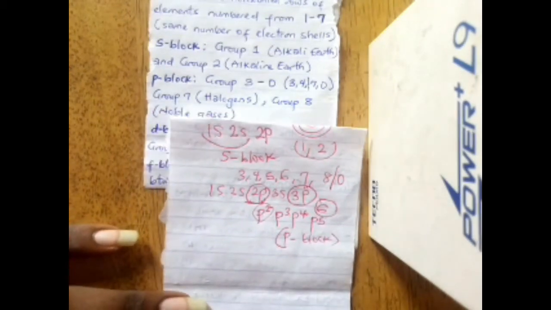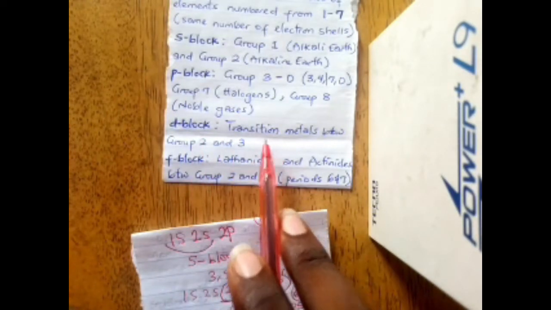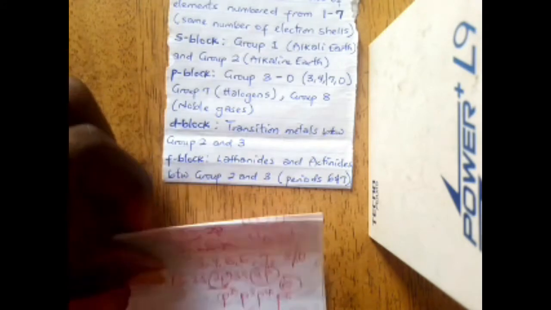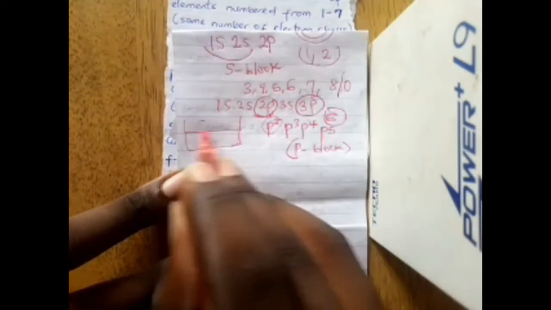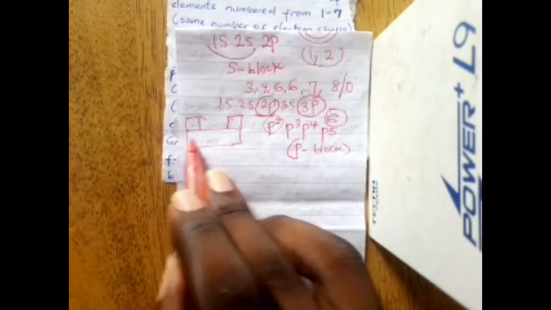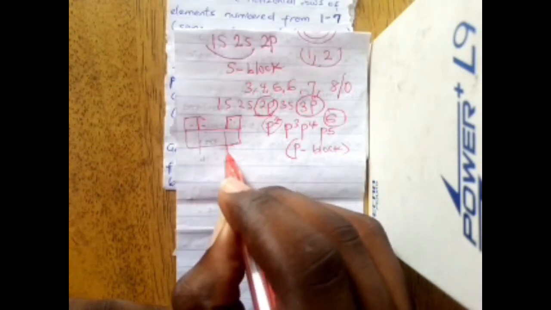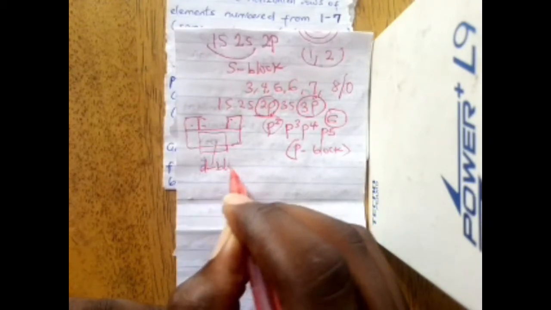So we also have the D block elements. In the D block, we refer to these as transition metals. These are metals between group 2 and group 3 of the periodic table. The periodic table is something like this: this for hydrogen, this for helium, then the rest come under. The space in between in the periodic table is what we refer to as the D block of elements.